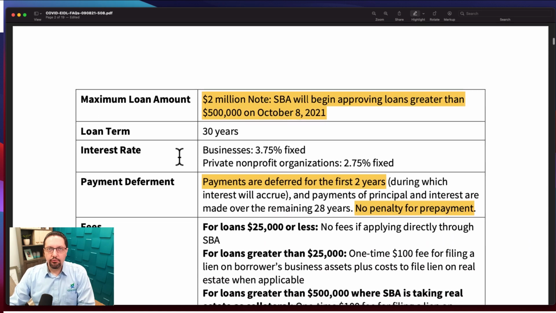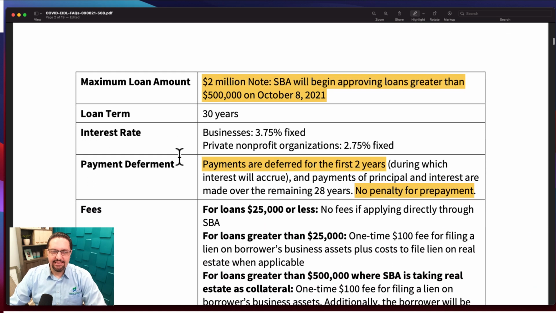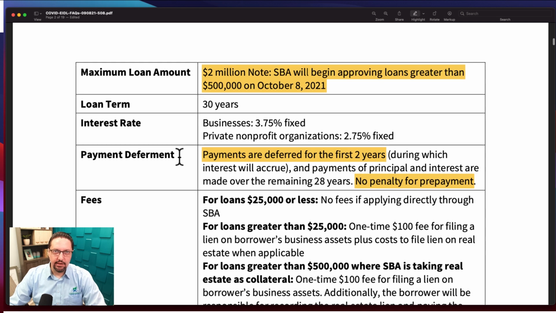So let's go over some of the major changes that the SBA has done to the EIDL loan program. The biggest change is the maximum loan amount. Now, the max EIDL loan has been increased to $2 million. Remember that in 2020, the EIDL loan had a max of $150,000.